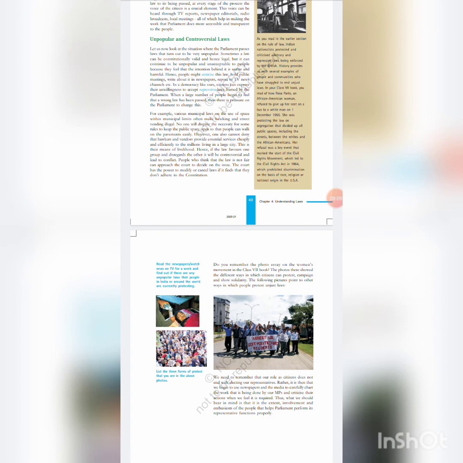If the law favors one group and disregards the other, it will be controversial and lead to conflict. People who think that the law is not fair can approach the court to decide.